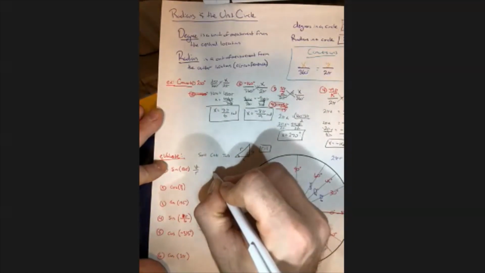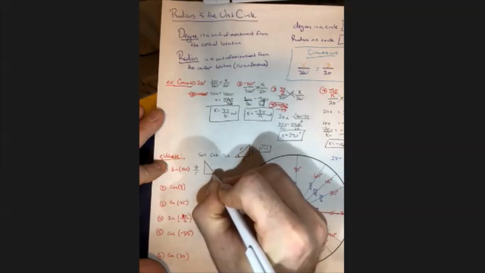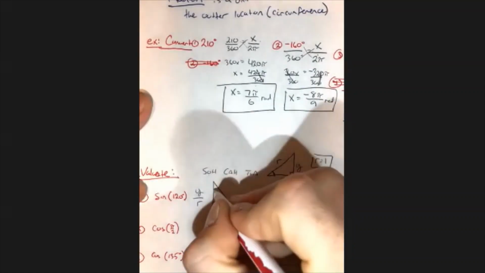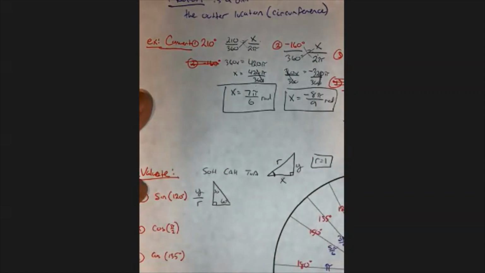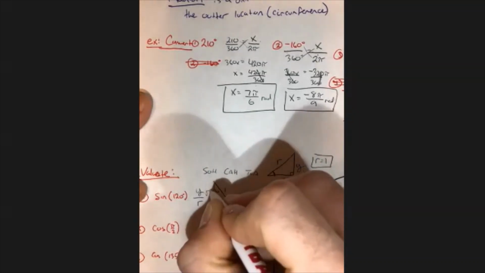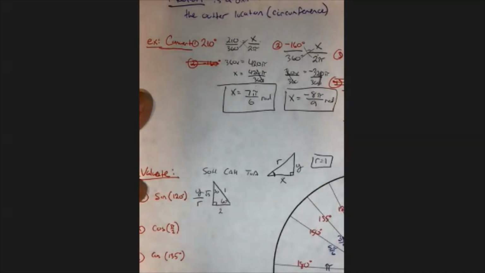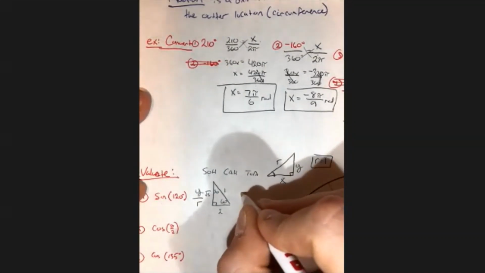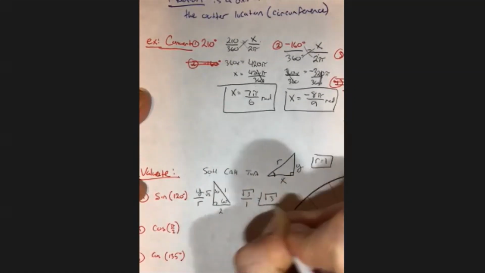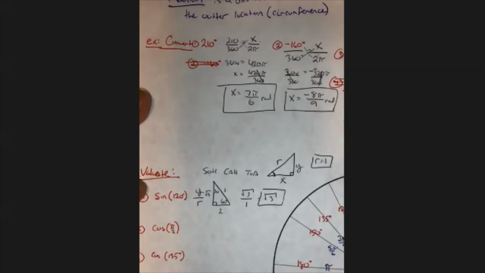So I'm looking at a 60, 30, 90 triangle. Hey, we did a bunch of those yesterday. It's going to be my 1, 2, square root of 3. If I'm looking at my y value, it's a square root of 3 over 1, or just a square root of 3. And that's it.